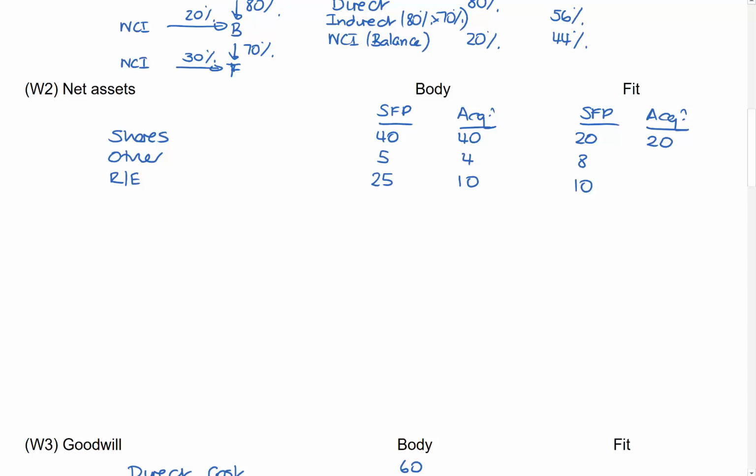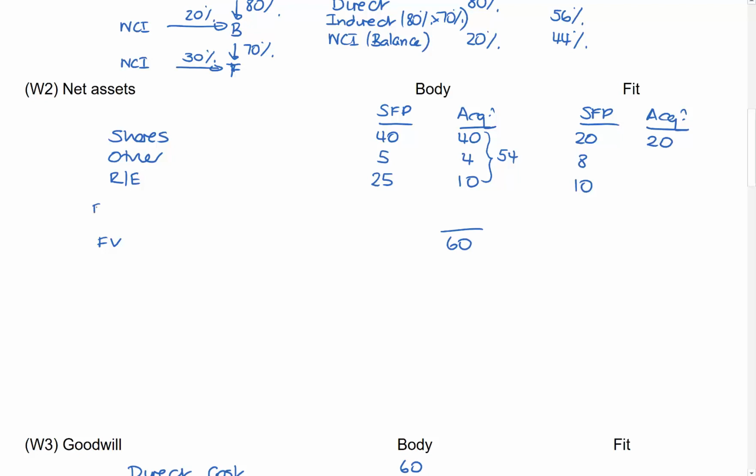So this is how the examiner likes to quite often set out the information. The examiner will tell us a fair value total and means that we have to work out the fair value adjustment. If we add up these three figures, according to the financial statements, the net assets at the date of acquisition came to 54, but we are told that their fair value is 60.